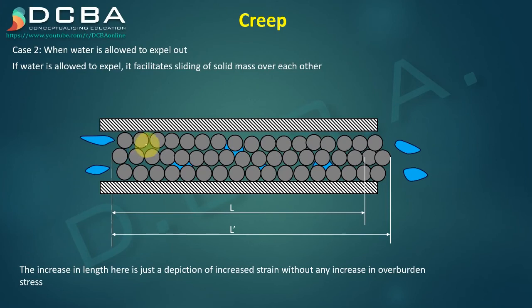There was no stress built up in the cement particles, but there was an increase in length. What is strain? Strain is increase in length upon original length. So L dash minus L upon L will be called strain, right? So we got strain, but stress was not there, or stress remained constant because of the sliding part.